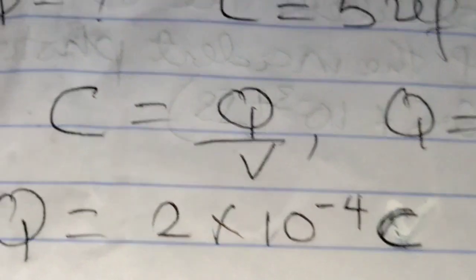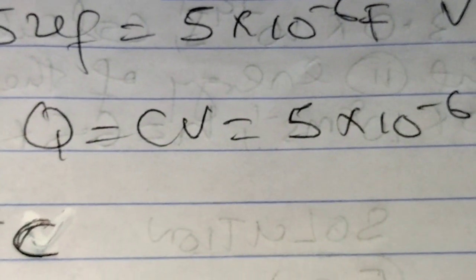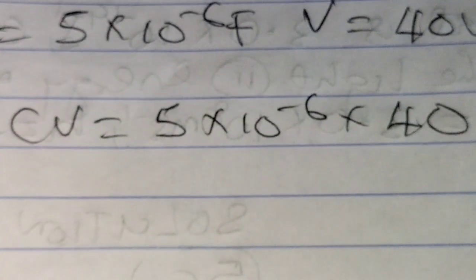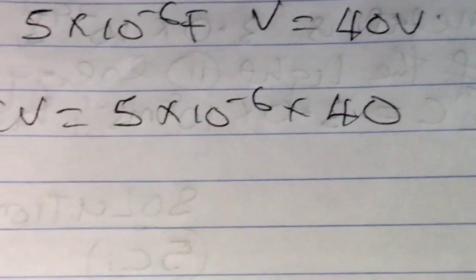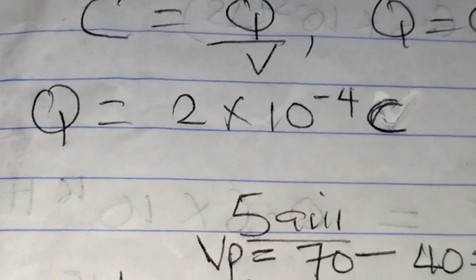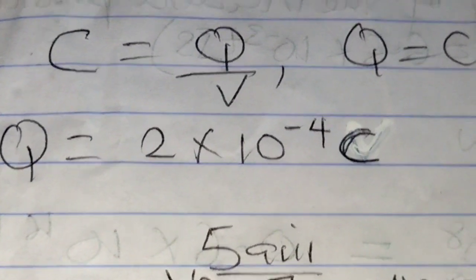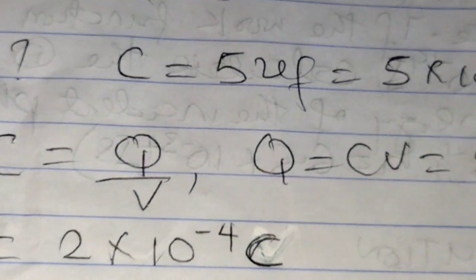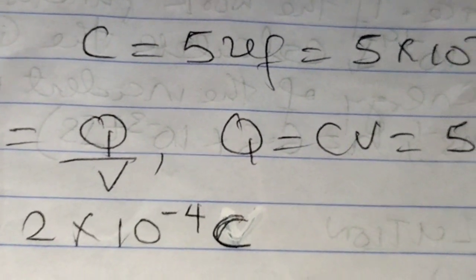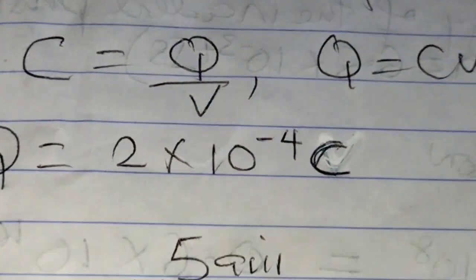Applying the formula C equals Q over V, making Q the subject, Q becomes C times V. Substituting 5 times 10 power minus 6 times 40, we have the charge as 2 times 10 power minus 4 coulombs. So this is the charge stored by the 5 microfarad capacitance that is in series.